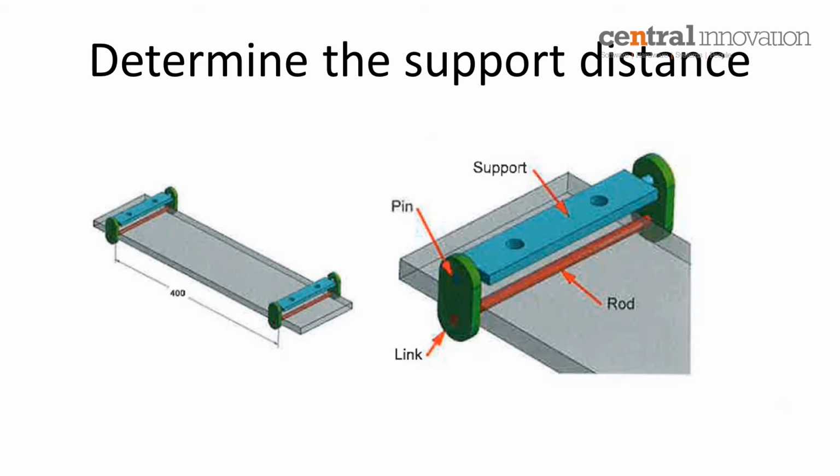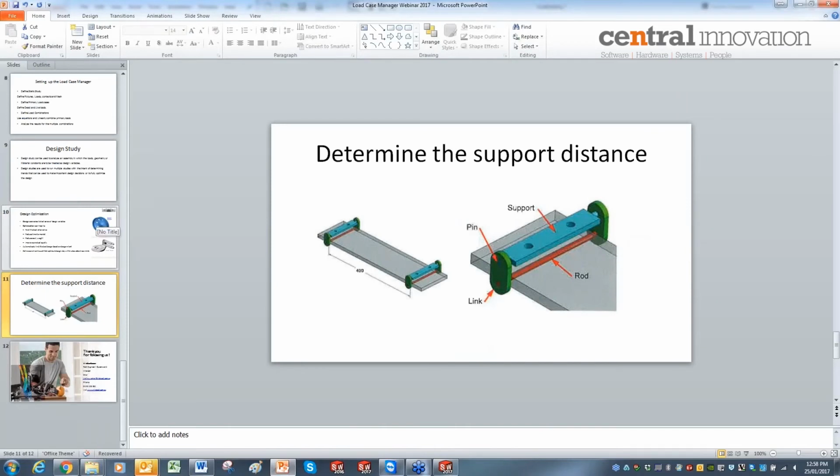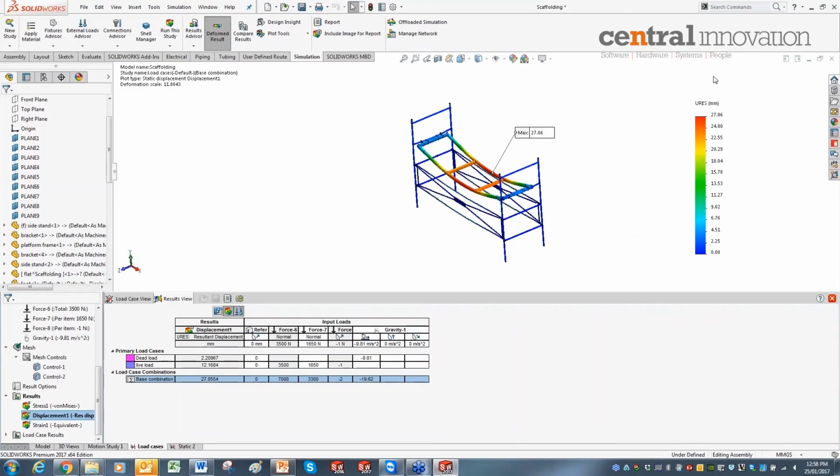Also, since it is pinned, the rotational degree of freedom is allowed, so I'm going to define a hinge connection for that hole. Let me show you how to define this setup. I'll go inside SolidWorks.